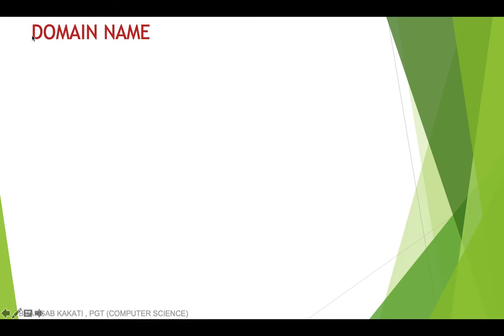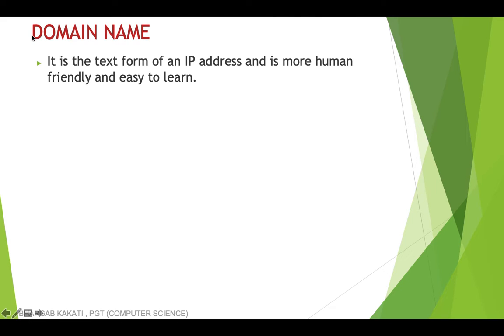Okay, let's go to the next web service, which is domain name. What is a domain name? It is a text form of an IP address and is more human friendly and easy to learn. So we all have heard about the search engine called Google. Whenever we type in the browser, we type www.google.com.